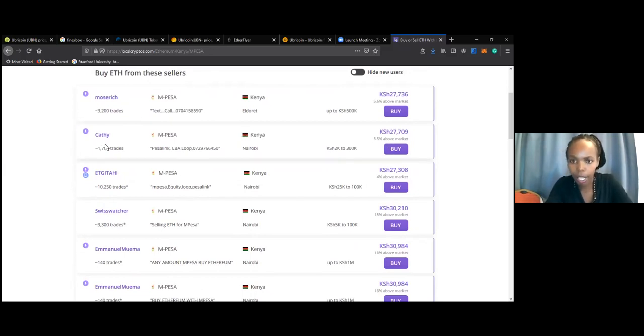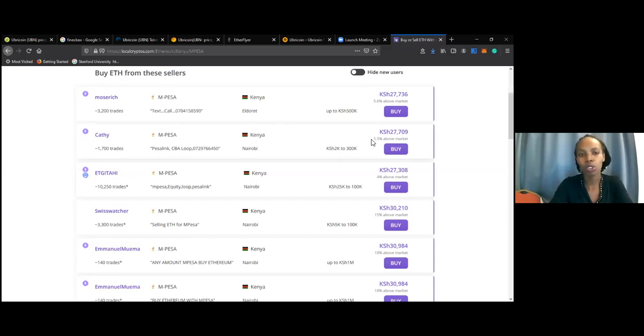No, you just have to check, because if I want to use 10K, you can see this is cheaper than this, but I cannot use 10K here because he cannot accept below 25K. So if I want to buy ETH worth 10,000, it means I'll buy from the person who has that limit.